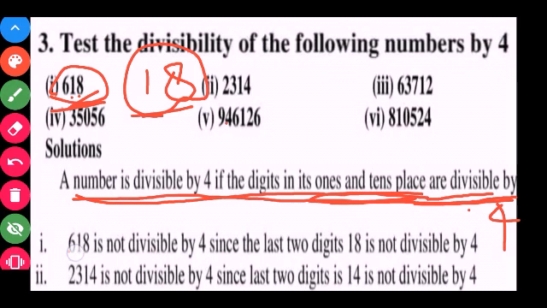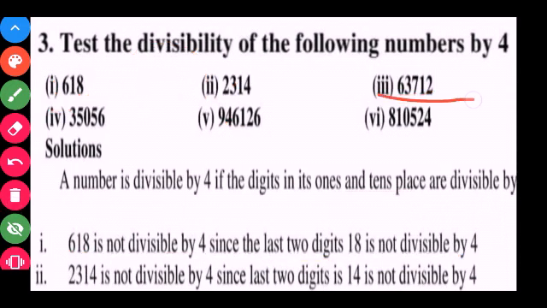So 618 is not divisible by 4 since the last two digits, 18, are not divisible by 4. Similarly the second also, because 14 is not divisible by 4. Now in the third part, the last two digits are 12, and you know 12 is divisible by 4.